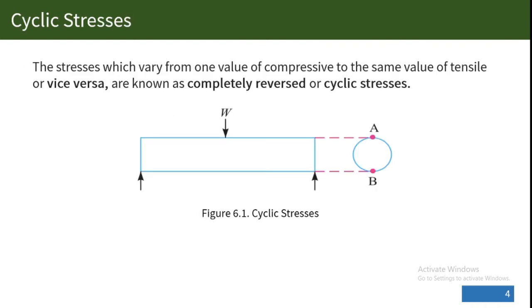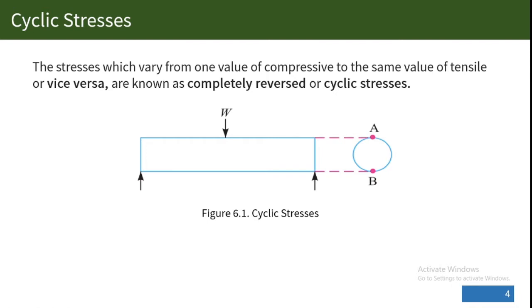To understand the concept of cyclic stresses, let's consider a rotating beam of circular cross-section carrying a load W. So it is denoted here that we have a load W, which is shown in figure 6.1. This load induces stress in the beam, which are cyclic in nature.